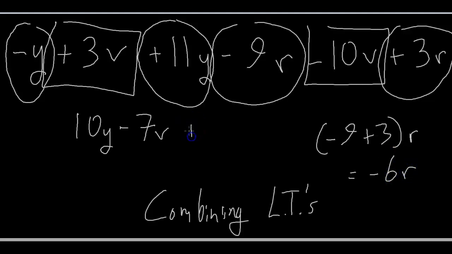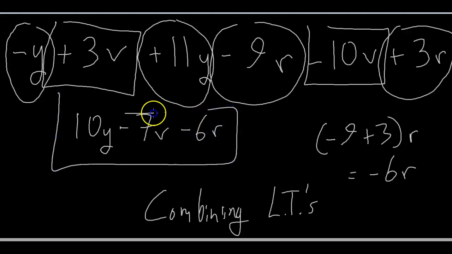So we are going to add to our final answer the number of r's we have, which is negative 6 r's. And since we're adding a negative term to our final answer, adding a negative is the same as subtraction, right? So we're subtracting 6r. And here is our final answer, 10y minus 7v minus 6r.